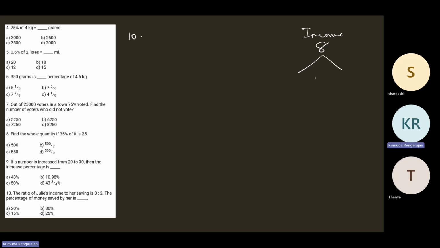So from your income, the two parts are you spend and you save the remaining. Whatever is left after spending is your savings. So spend is not given. So save is 2 parts. So spend is 6 parts, correct?